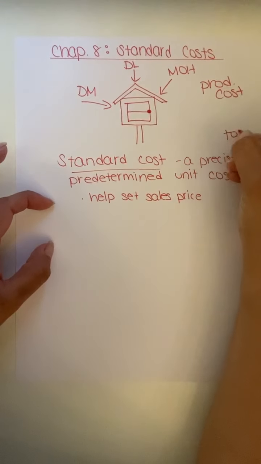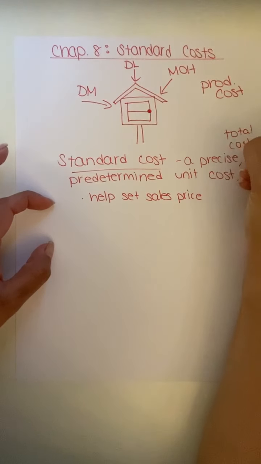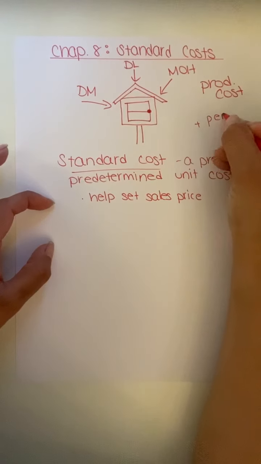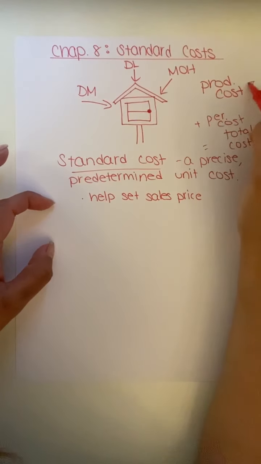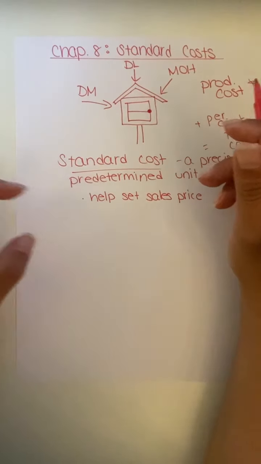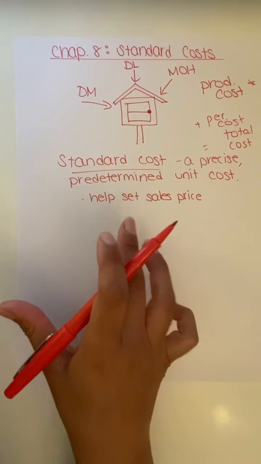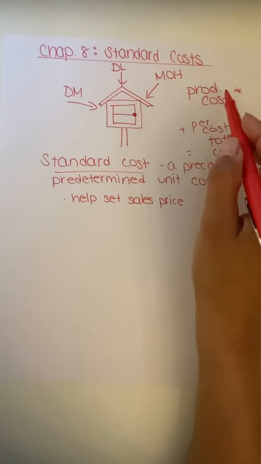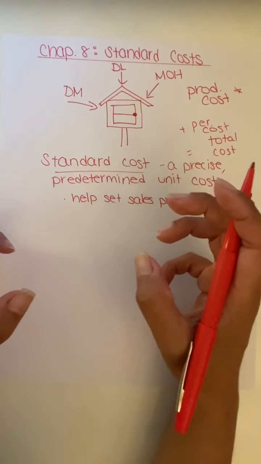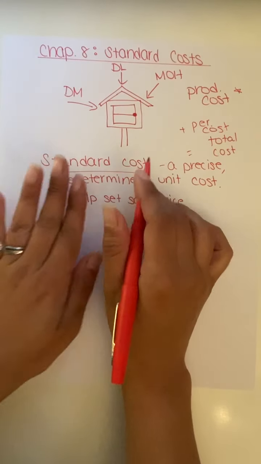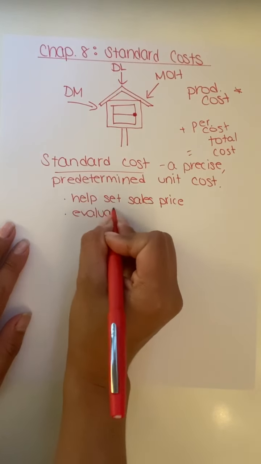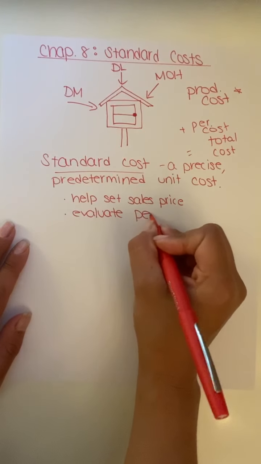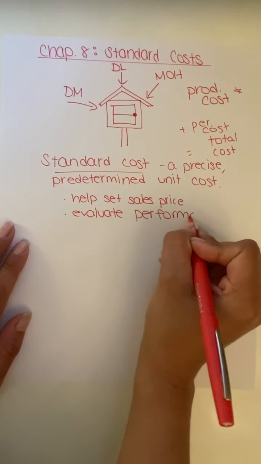Like I know that total cost is your product cost plus your period cost, right? You guys are doing that in your project. I know that, but this is the largest out of those two. So that's why your manufacturing companies are going to spend a lot of time accurately calculating that product cost. Once they have carefully calculated it, that's their standard cost, and they're going to use it to evaluate actual costs in the future, which helps us measure our performance.